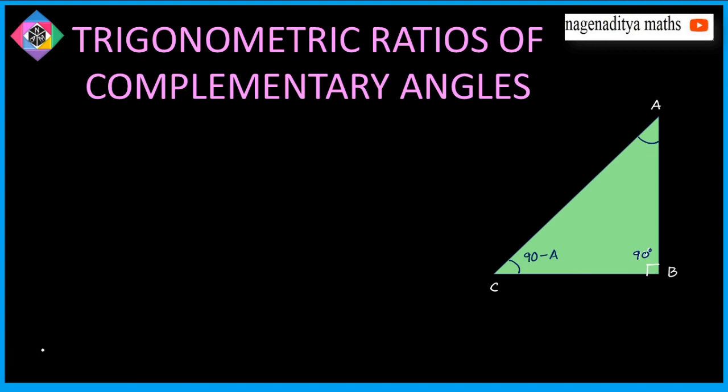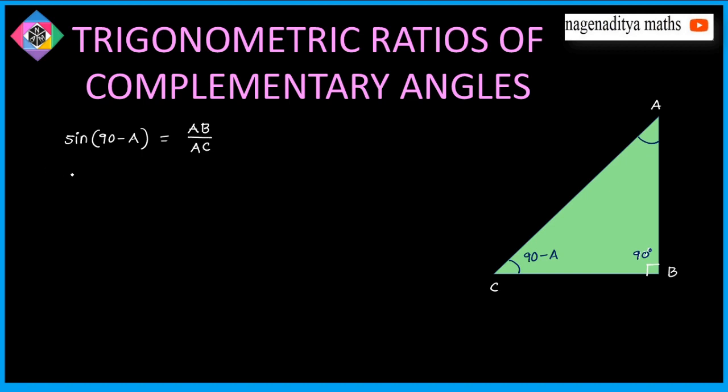Okay. Now we just find the trigonometric ratios of this 90 minus A. So for 90 minus A, the opposite side is AB, the adjacent side is BC and the hypotenuse is AC. Now I am going to find sine of 90 minus A. So sine of 90 minus A is equal to the opposite side AB and hypotenuse AC, so this is AB by AC.